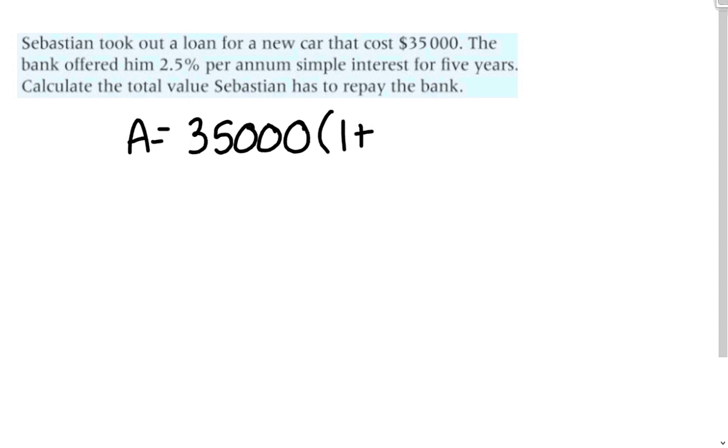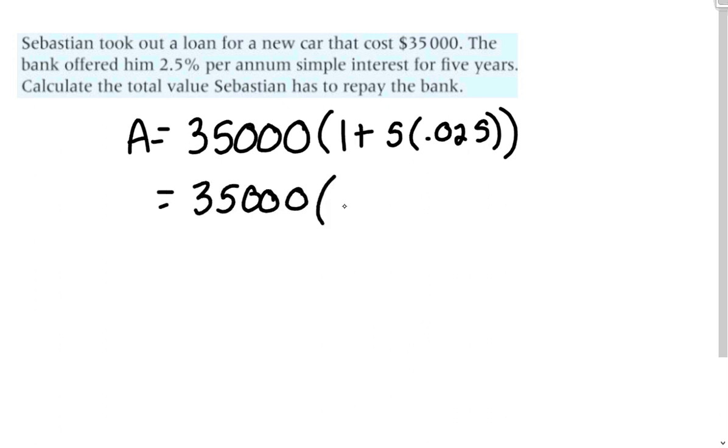And then it's going to be the number of years based off of the percent. Now change that percent into a decimal. So that's what we're going to end up multiplying together. So 5 times 0.025, add 1 to that, again, because it's 1 plus it. So what they end up having to pay is 1 plus 0.125, because it ends up being 12.5% off of this original value when all is said and done.